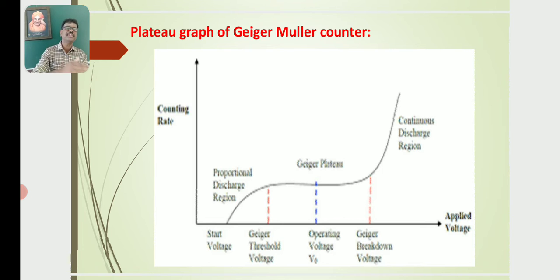As the voltage increases, proportional discharges arise.